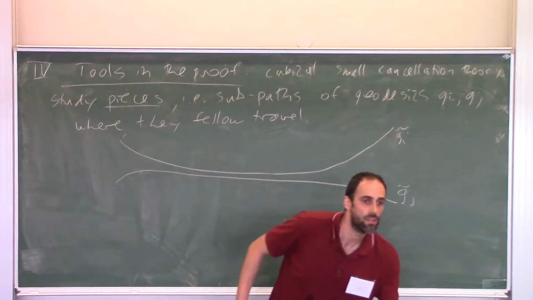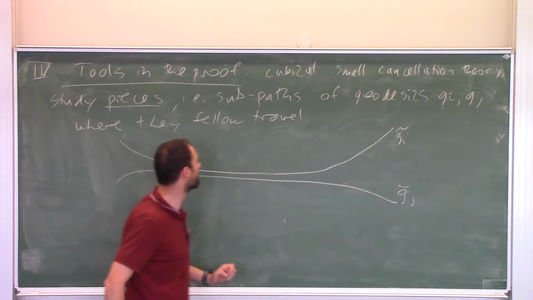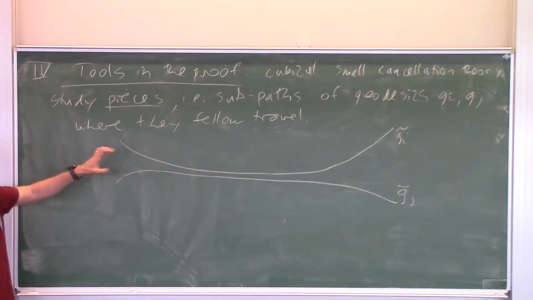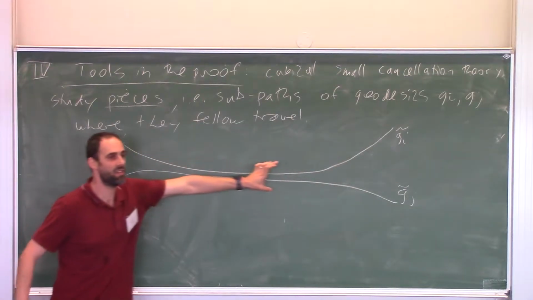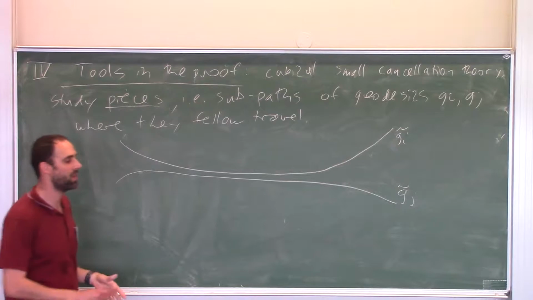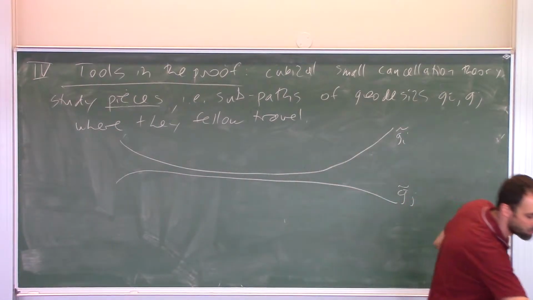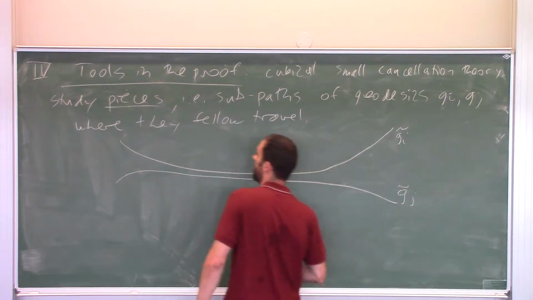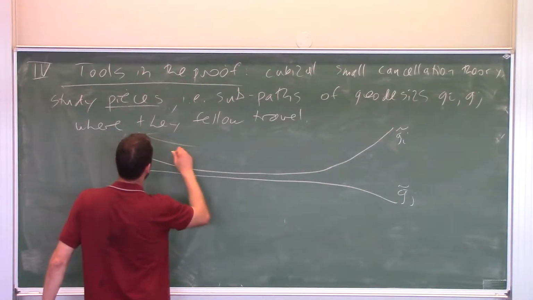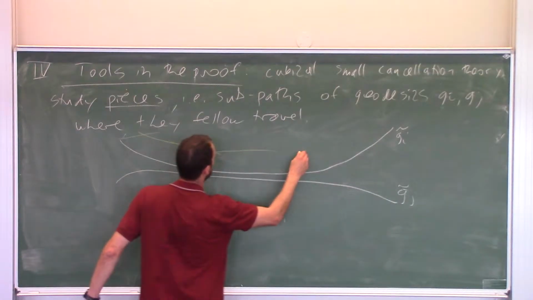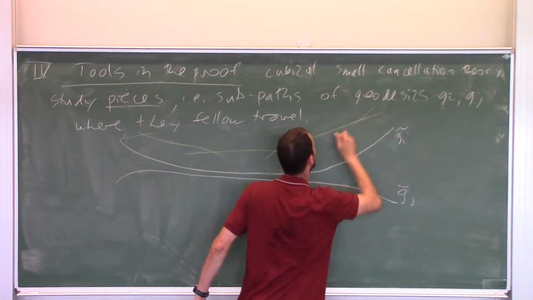If you're trying to make this precise, you have to quantify exactly how close together it means to be fellow traveling. But when you have a cube complex, one way to do that is to let the cube complex make the choice for you. You take the cubical convex hull.